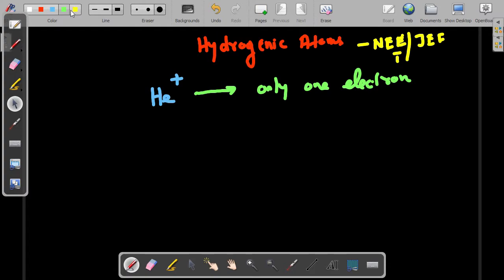Now, what's so special about these atoms is that you need to do some scaling up. So if you remember, the energy of hydrogen atom, where Z is equal to 1, is given by minus 13.6 upon n square.